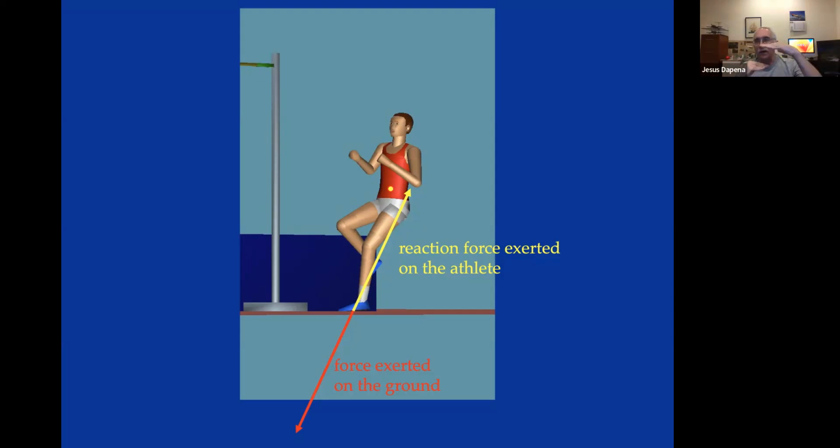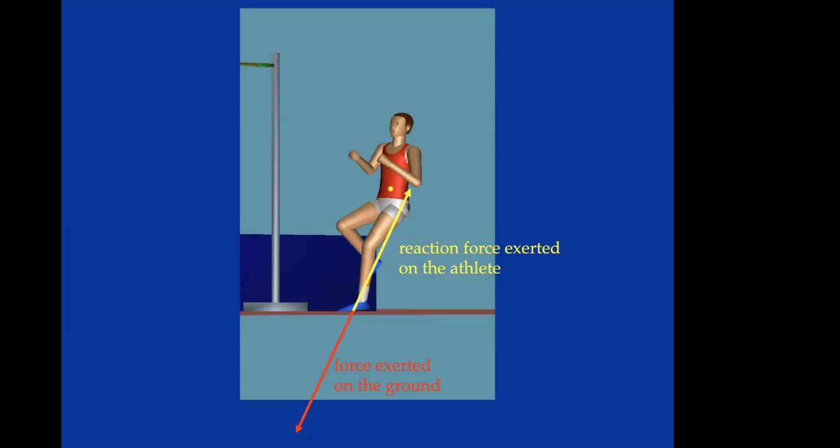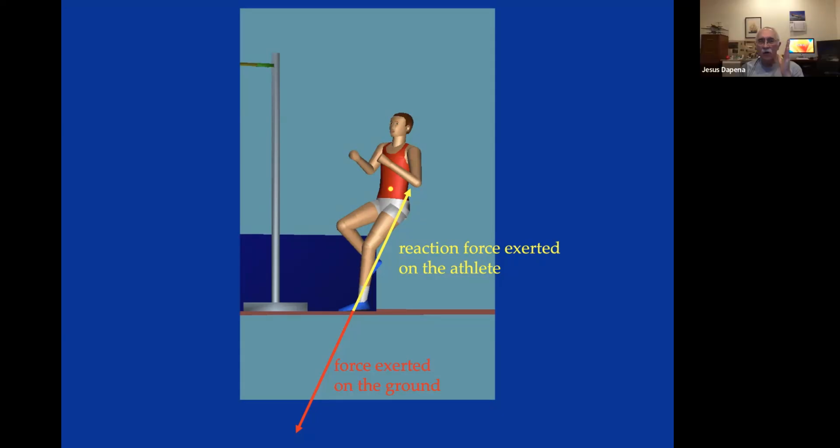So that gives you a bigger vertical range of motion of travel for the center of mass from the plant until you leave the ground. You want to maximize that height. So if you're vertical at the end of the takeoff, that allows you to reach a bigger height at the peak of the jump.